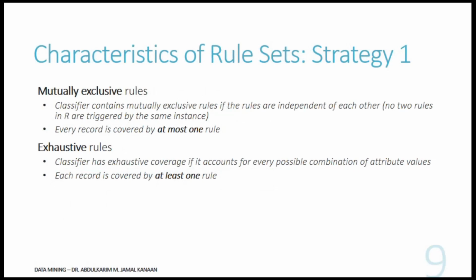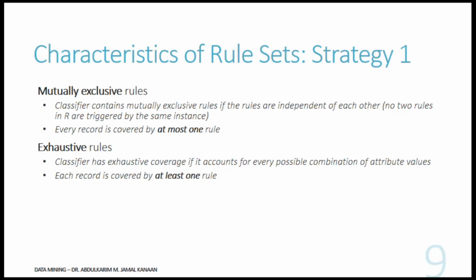Now there are two characteristics for the rules. We have mutually exclusive and exhaustive rules. What do we mean if we call such a rule list mutually exclusive? Mutually exclusive means every record is covered by at most one rule.